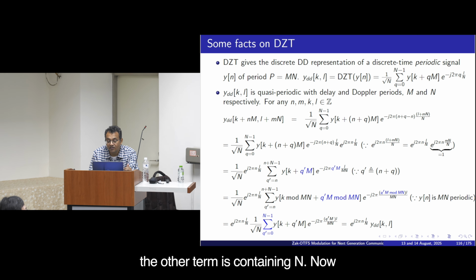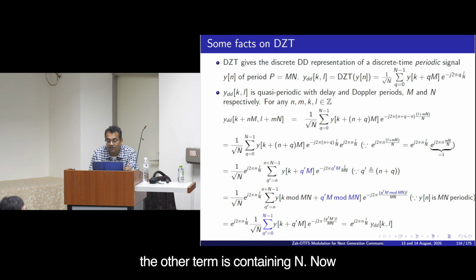And then going to the next step. In the next step, the right hand side has this term, e to the j 2 pi n L by capital N, that does not depend on q. The summation index is q, it is independent of that. So, I am taking this outside. What remains is only this and this term.